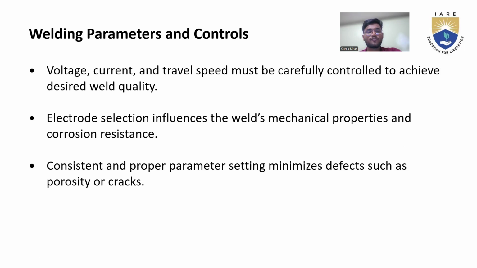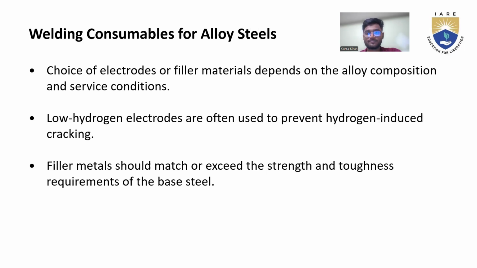Electrode selection influences the weld's mechanical properties and corrosion resistance. Consistent and proper parameter setting minimizes defects such as porosity and cracks. With proper parameters, there will not be defects like cracks in the metal.